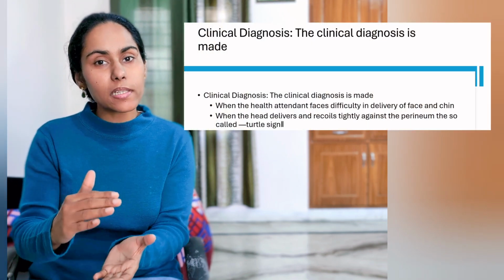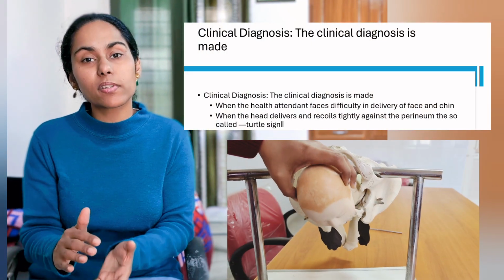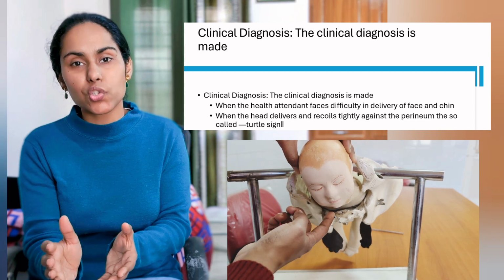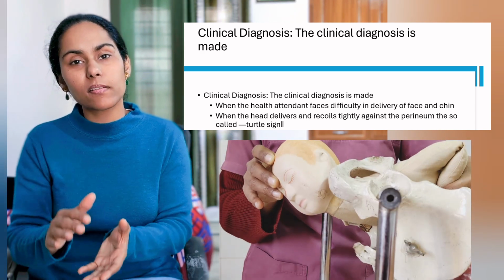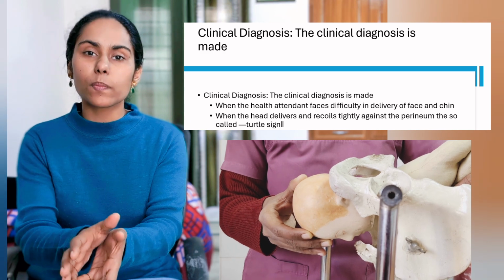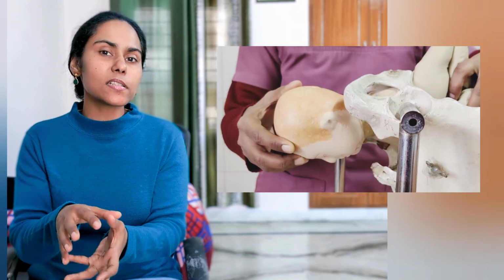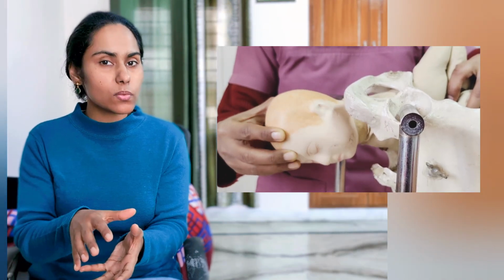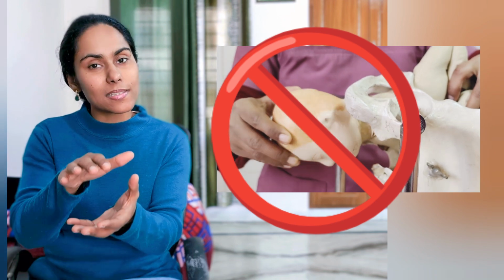The clinical diagnosis is when the obstetrician faces difficulty in delivery of the face and the chin after the fetal head delivers. As it delivers, the head recoils back onto the perineum, and there is failure of restitution of the head as well as descent of the shoulders.